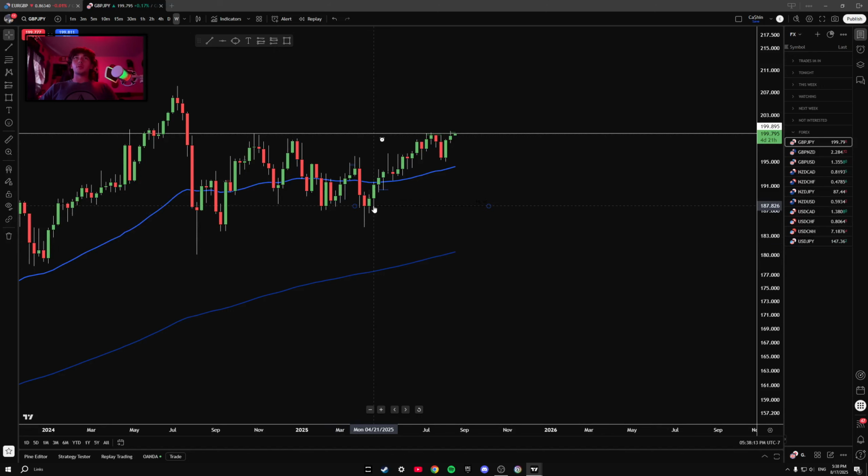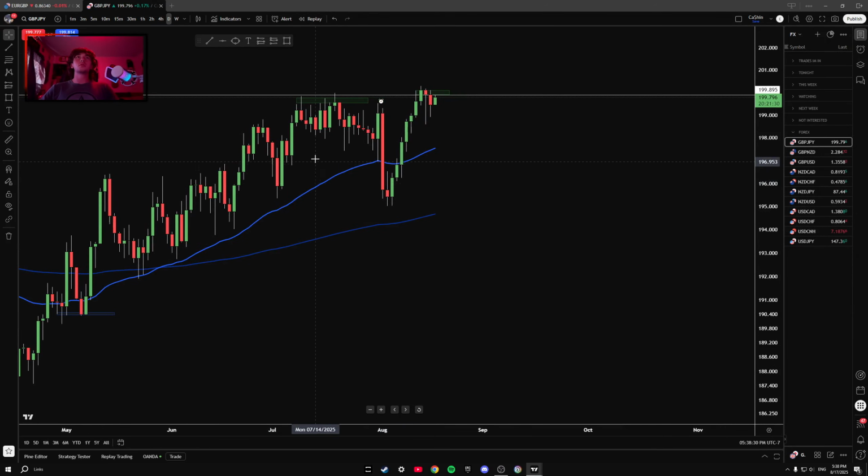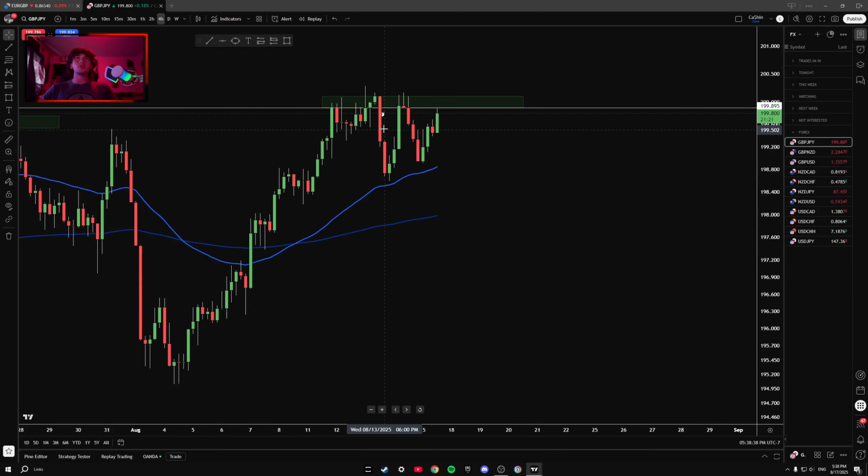Look at the time frames real quick. It is bullish on the weekly, not strongly bullish though. Bullish, and bearish on the 4-hour.